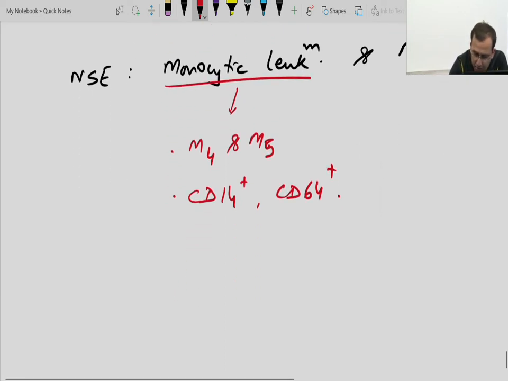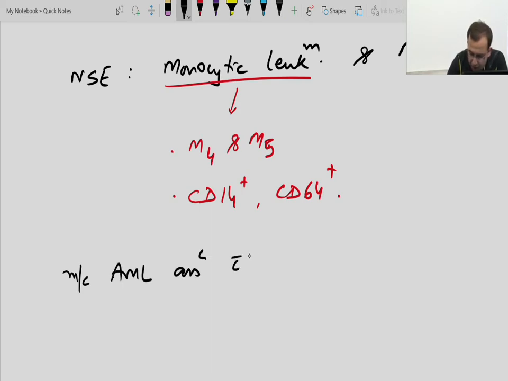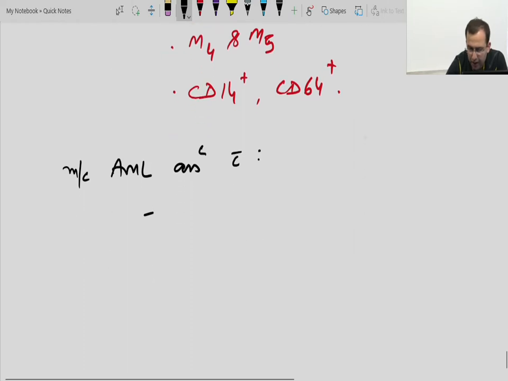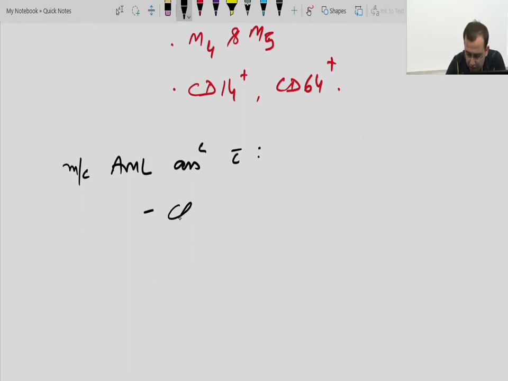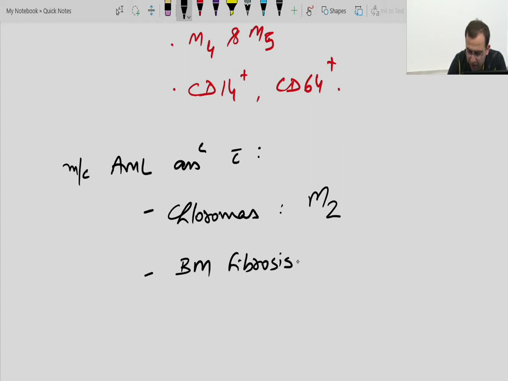Next point, the most common AML associated with chloromas is M2. Next, the most common AML associated with bone marrow fibrosis is M7.